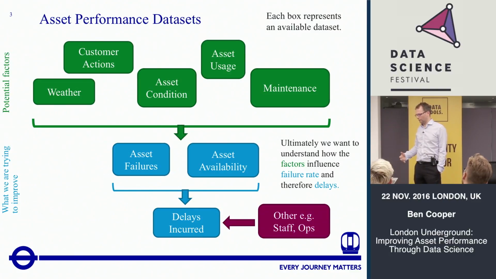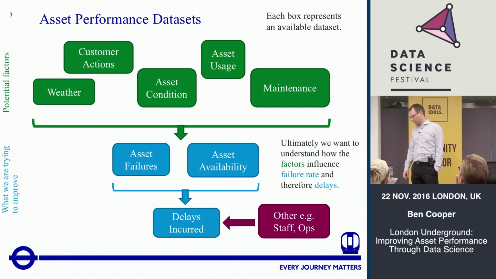For example, we've got some remote condition monitoring data sets which give you a live feed from, for example, some of the train or signalling system, of the life events that system is going through. So, for example, doors are opening, doors are closing, I'm going at this speed, I've suffered this alert, etc. And then we've got information on customer actions and external data sets, weather, for example.